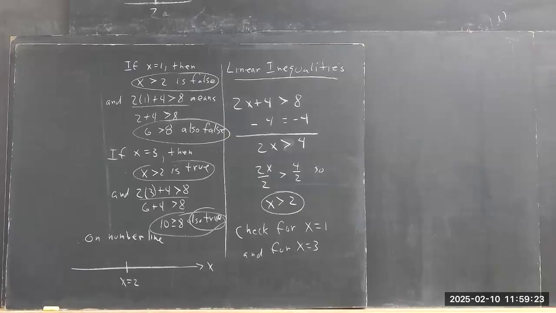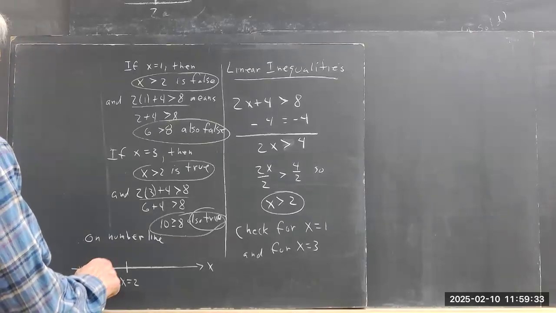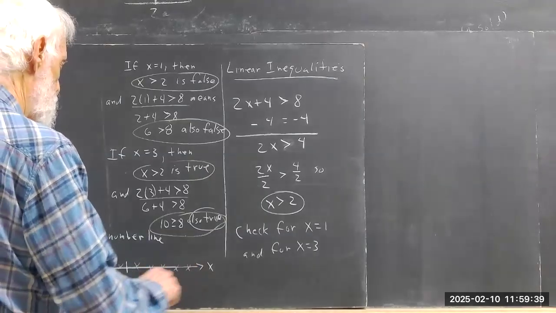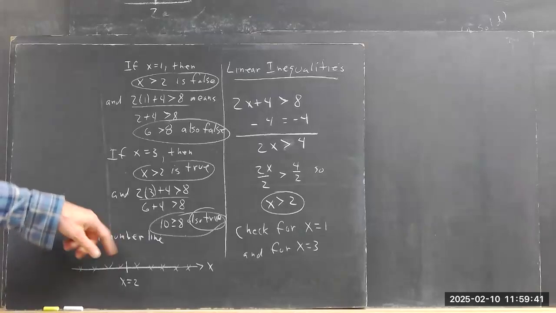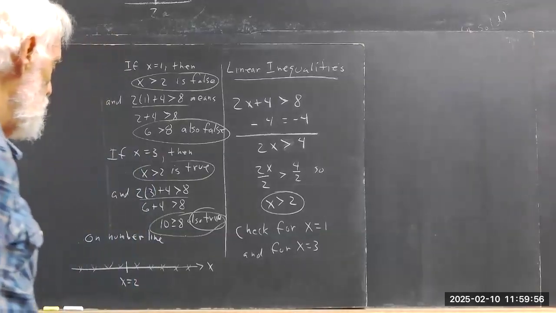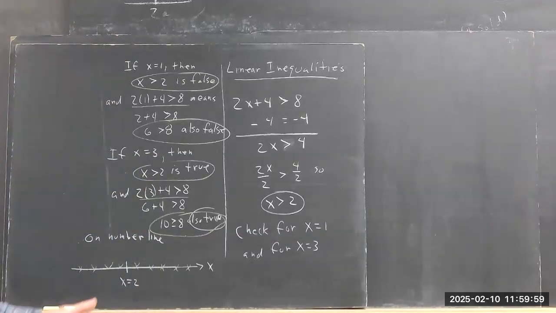Draw a bunch of x's on the line, and then circle the ones that are greater than 2.